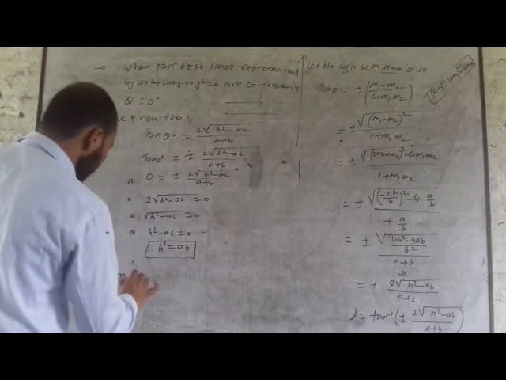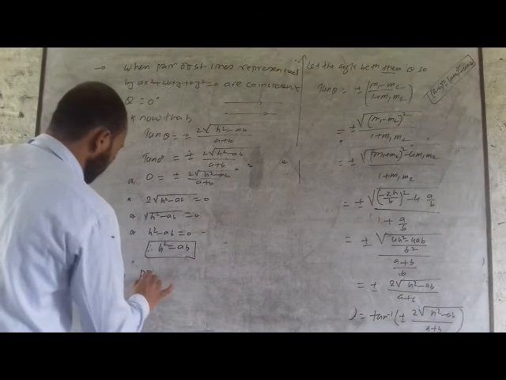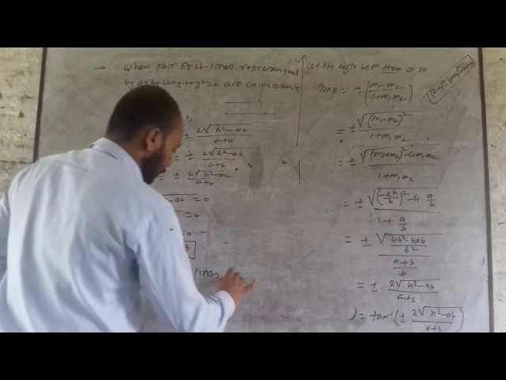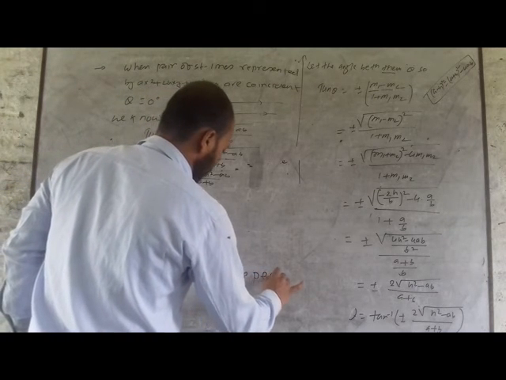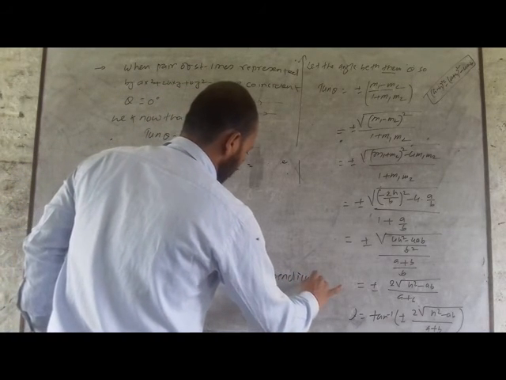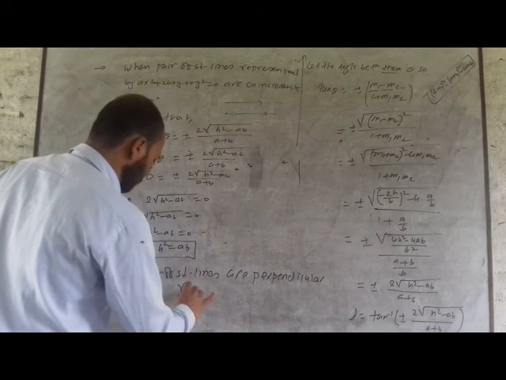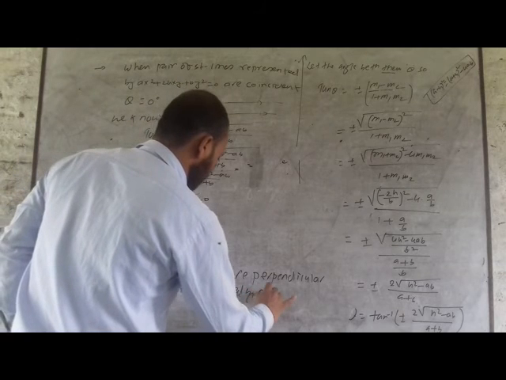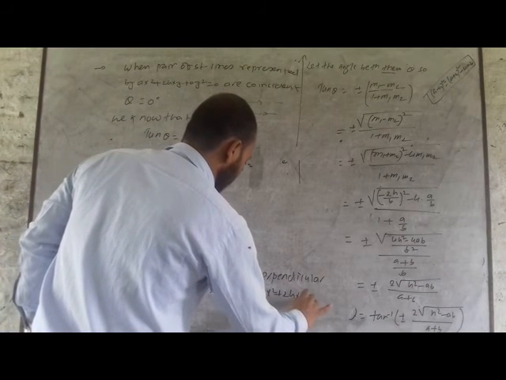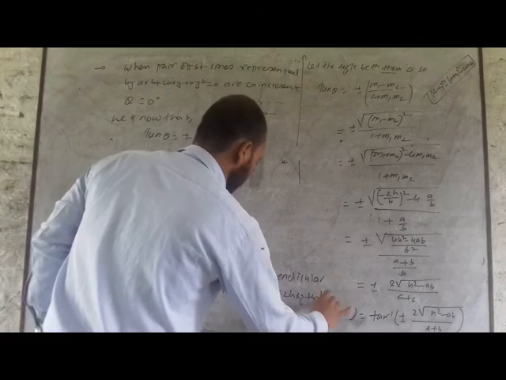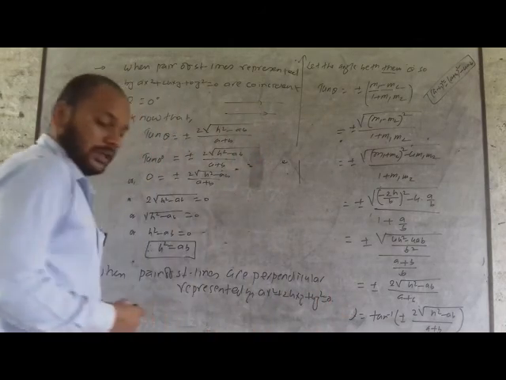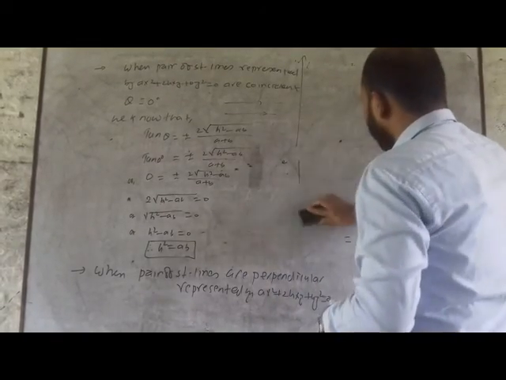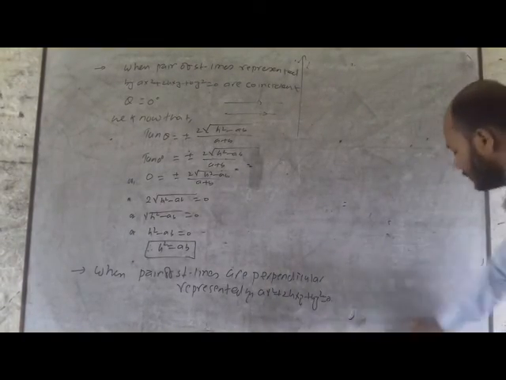When the pair of straight lines represented by ax square plus 2hxy plus by square is equal to 0 are perpendicular, what is the condition that exists?